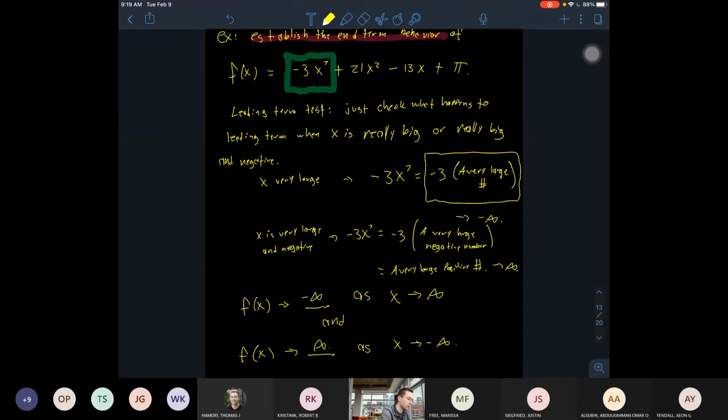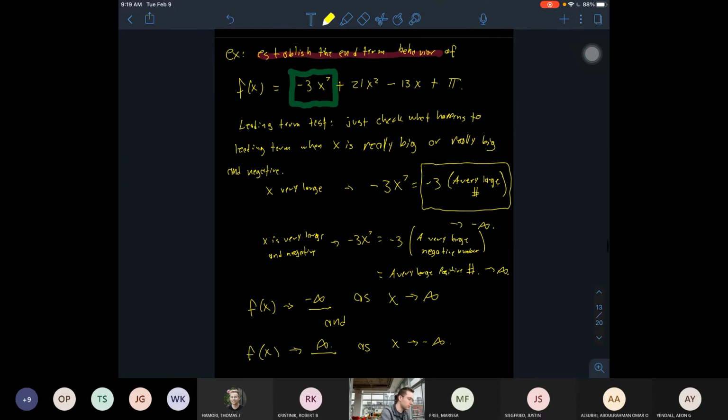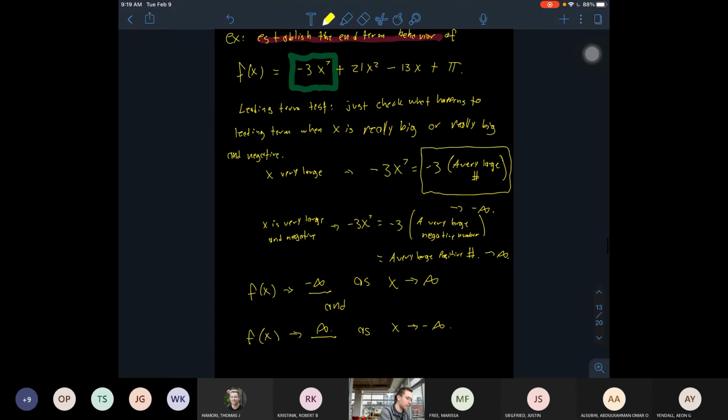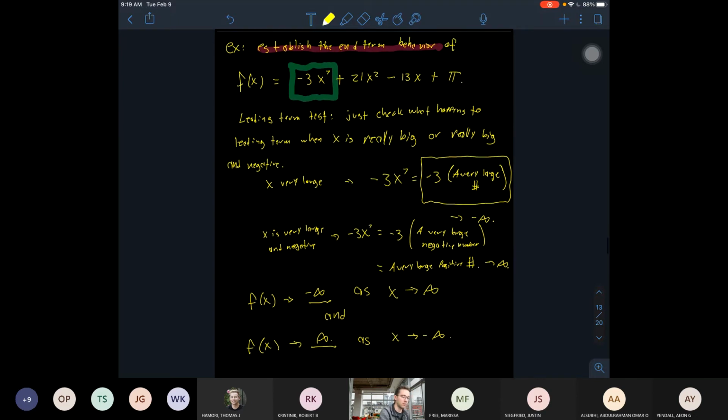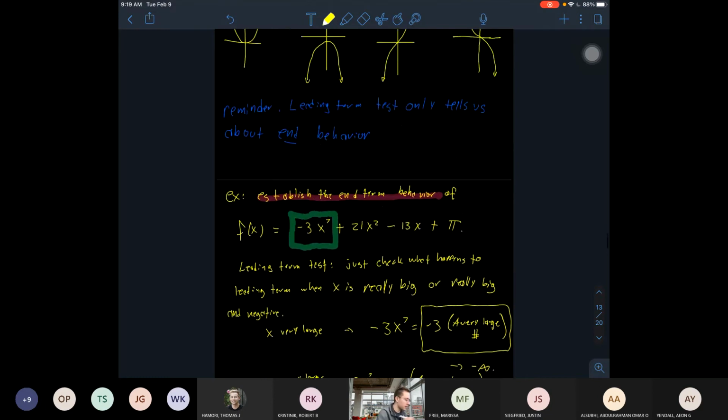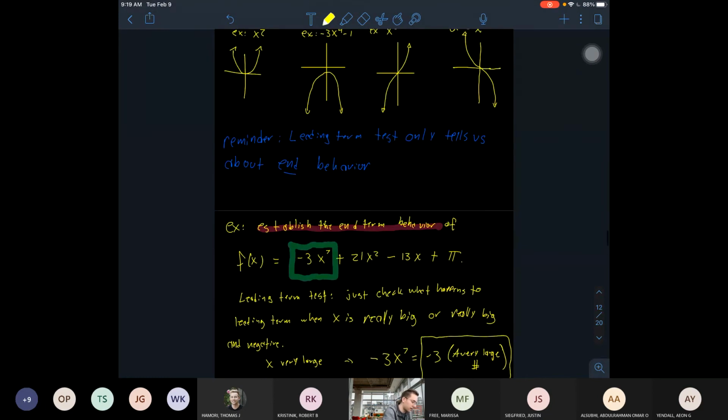All right, and what the table says is that rather than doing all this work and plugging in really big numbers and seeing what we get, we can just go to the table and we can see here that the leading term, we've got what? Negative 3 is a sub n, so we know that a sub n is less than 0. And we know that n is 7. In other words, n is an odd number.